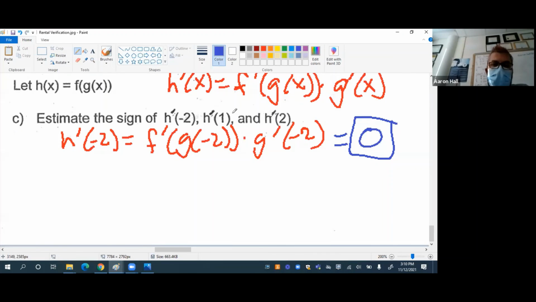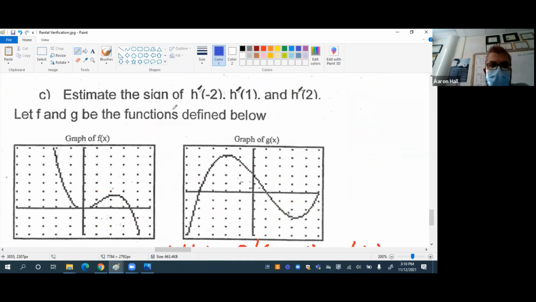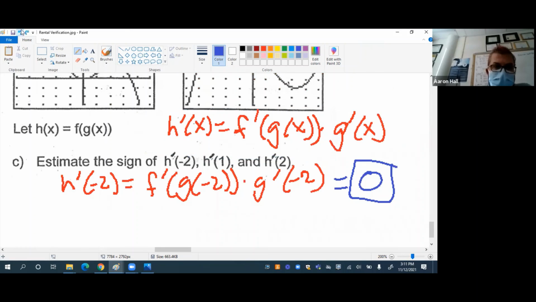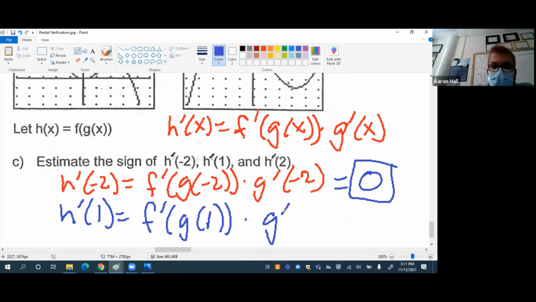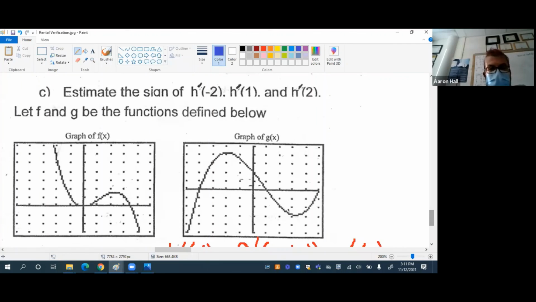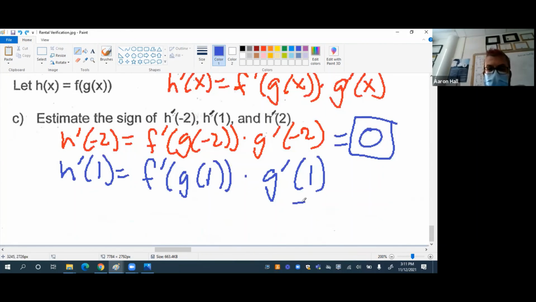All right, let's do the same thing for 1. We already have our equation for the derivative. So we're trying to find h prime of 1, which is f prime of g of 1 times g prime of 1. What do we do first? G prime of 1. It's a negative slope. G prime of 1 right here, we have a negative slope. So this one is negative.